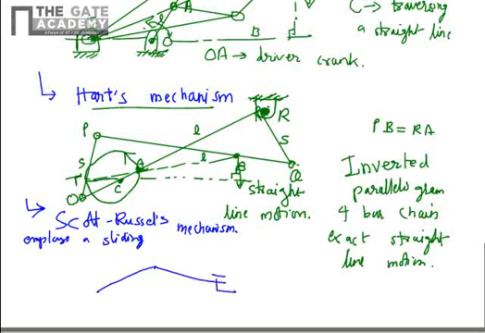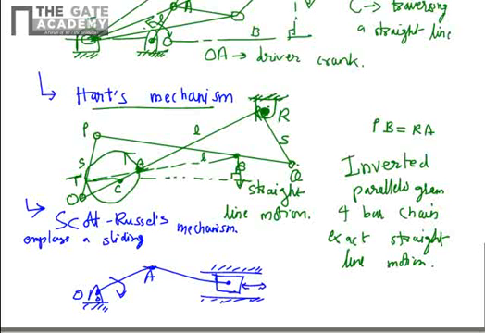So you have a sliding pair mechanism, which is an extension of the 4-bar mechanism. We will be covering it in much more detail in coming videos. And this is a crank. OA is the crank. This is O, and this is the fixed link, and this is the sliding pair. You have a sliding surface. It is rotating, it is sliding. So this itself is a straight line motion mechanism.